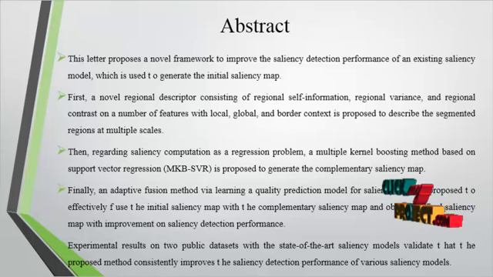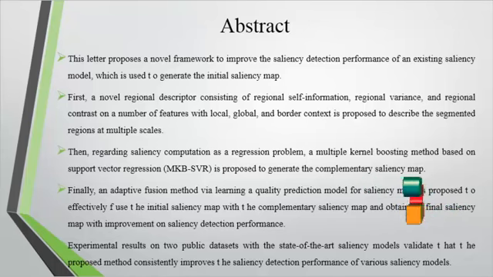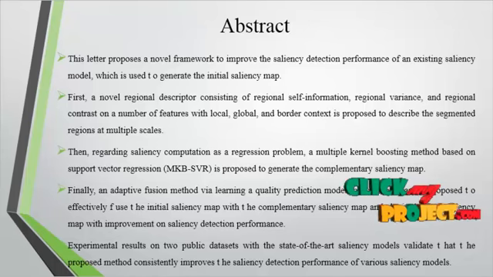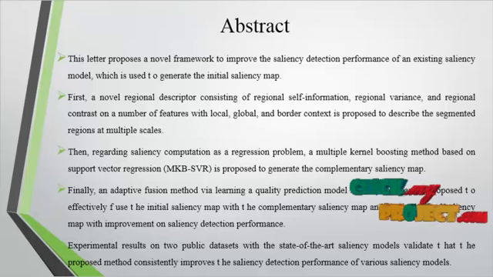Finally, an adaptive fusion method via learning a quality predictive method for saliency map is proposed to effectively use the initial saliency map with the complementary saliency map and obtain the final saliency map with improved saliency detection performance. As a result, on two public datasets with the state-of-the-art saliency models, the proposed method considerably improves the saliency detection performance of various saliency models.